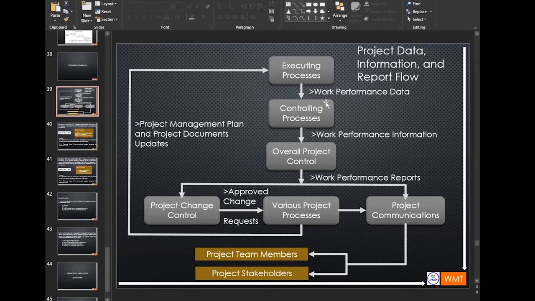If you remember in our application or server side or network side, usually the executing process is where all the information, such as the implementation part, comes in. They have information like the change request.